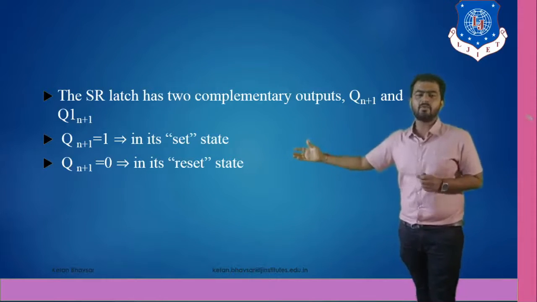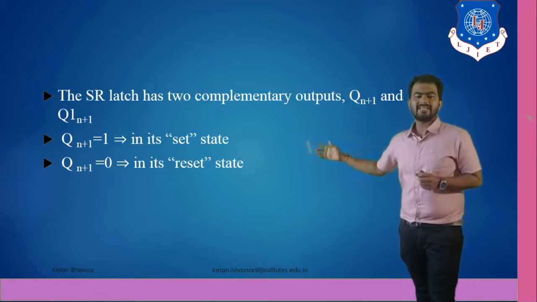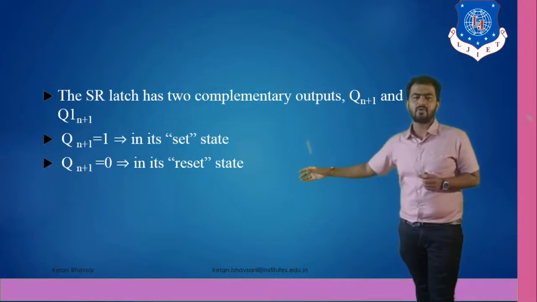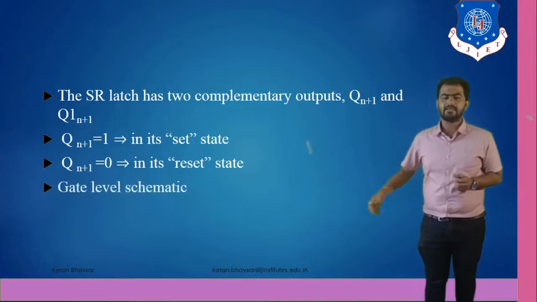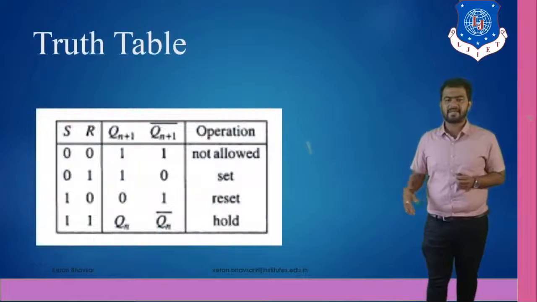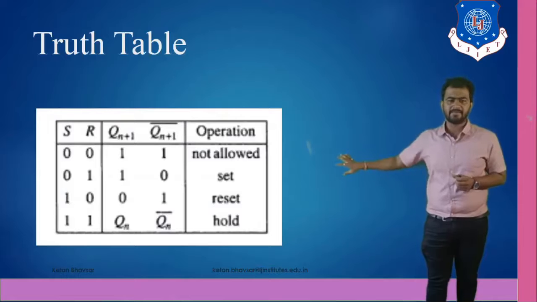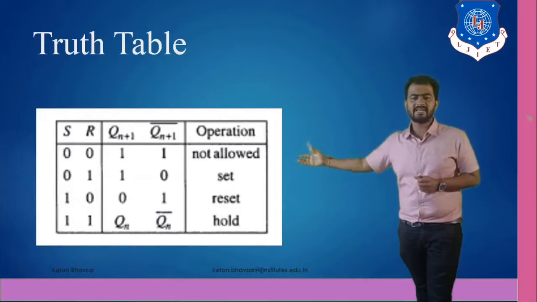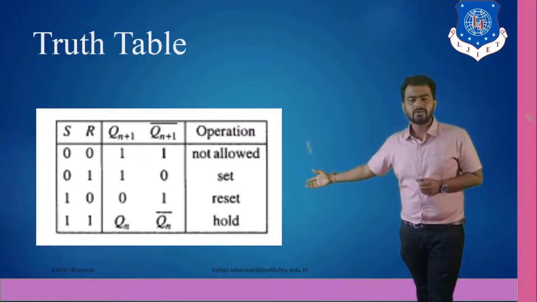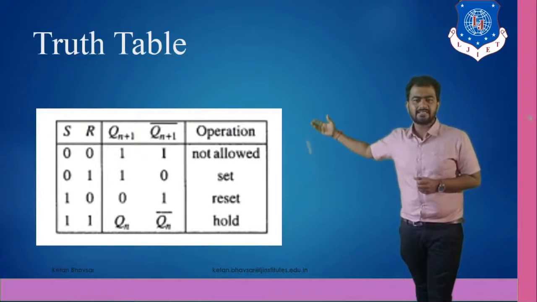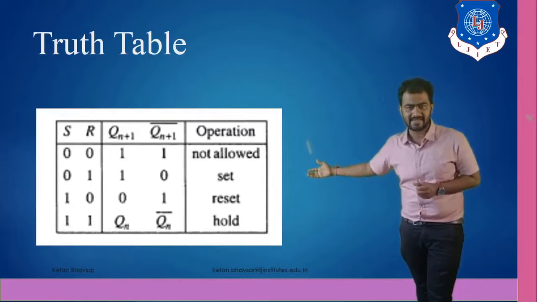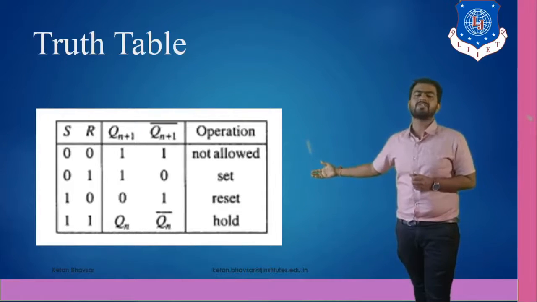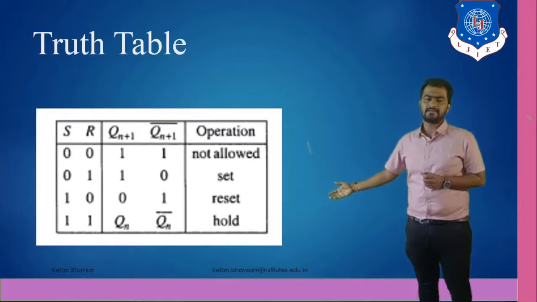So if Q is equal to 1, then it is in the set state, and if Q is equal to 0, then it is in the reset state. We can see the gate level concept as per the truth table.